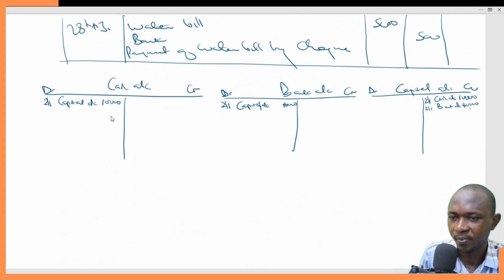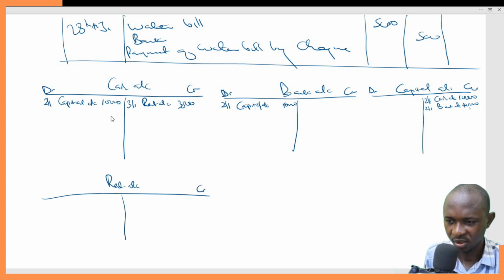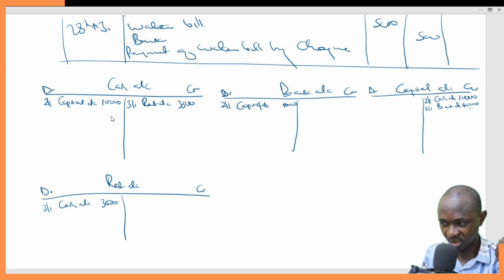Then you open now the rent account. Rent account, debit, and this is 3rd January. The reason is cash account. How much? 3,500. That's what the journal tells us, that debit rent account by 3,500. The reason is cash. So I'm just interpreting what is here.